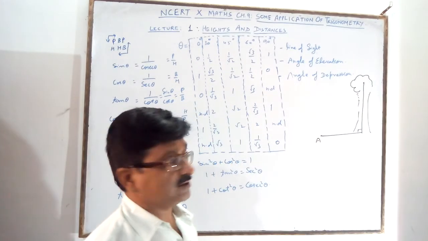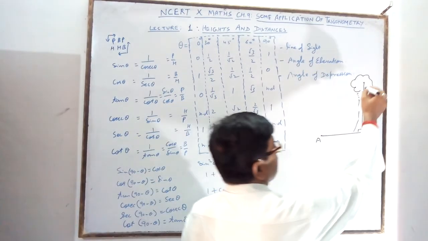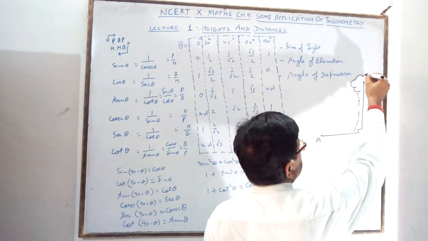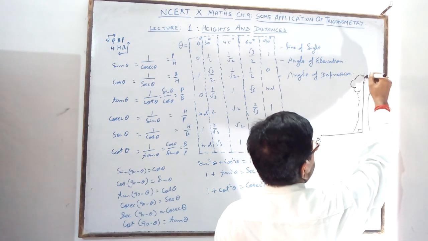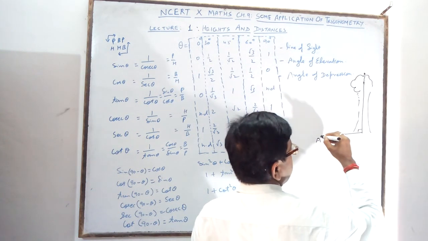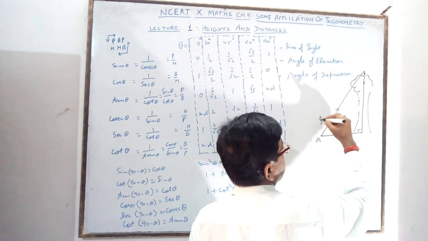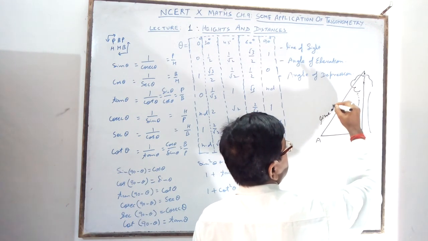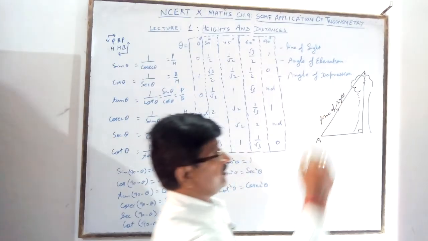Suppose the tree is a straight line, and you don't take the full tree, you see only one point at the top, and that is your line of sight which you are seeing. It is called the line of sight.